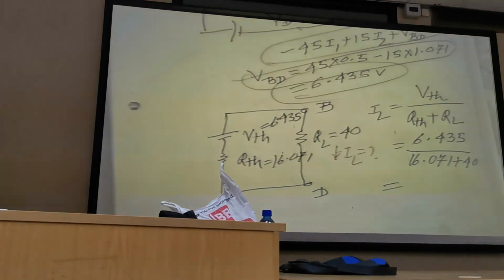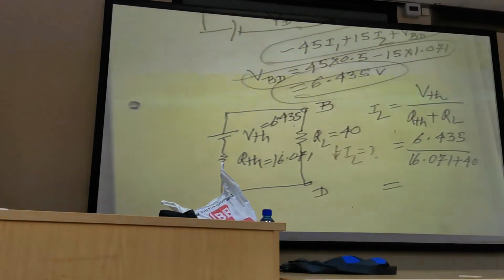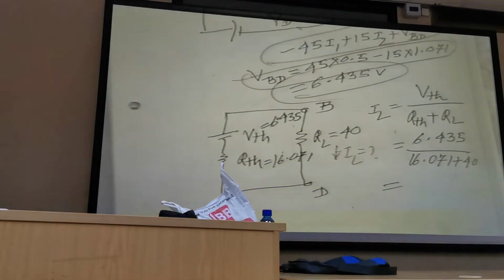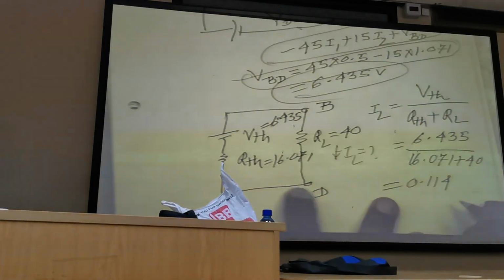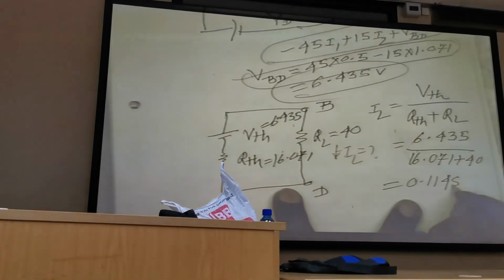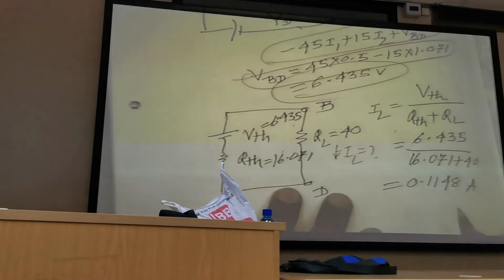So what is the value? 6.435 divided by 16.071 plus 40. Is it 0.1148 kind of ampere? Is it that?